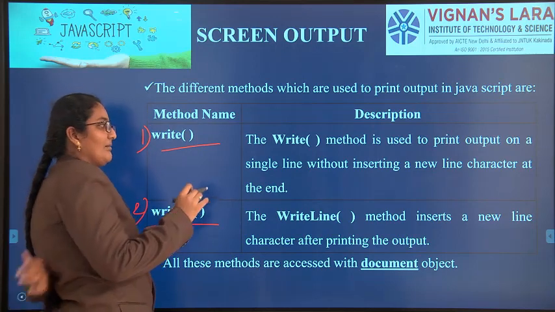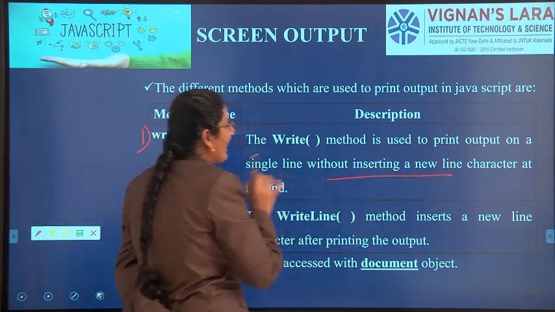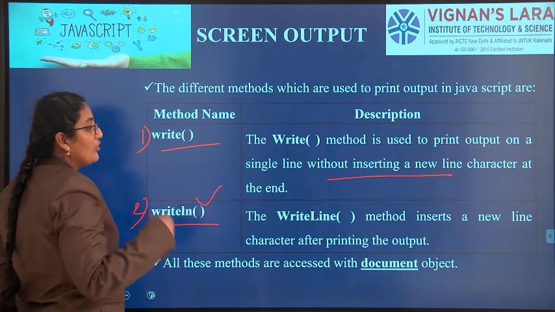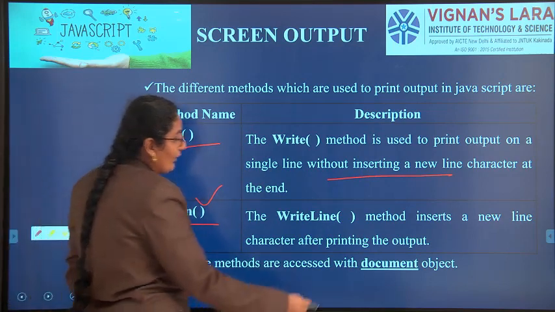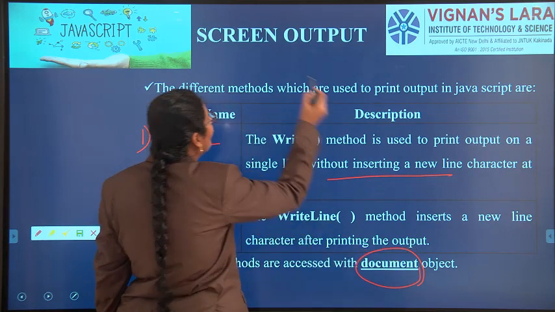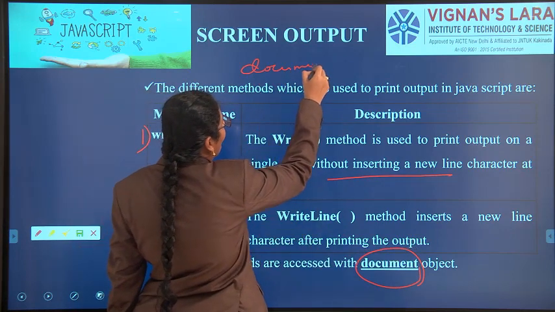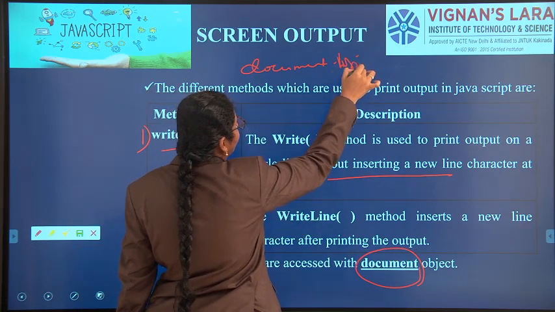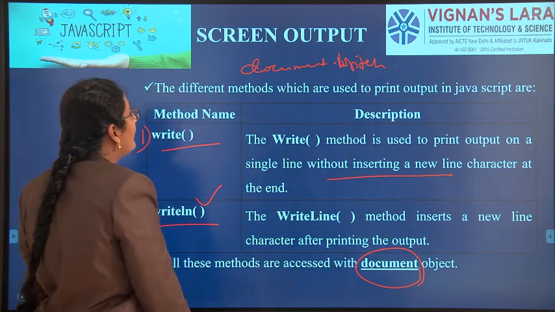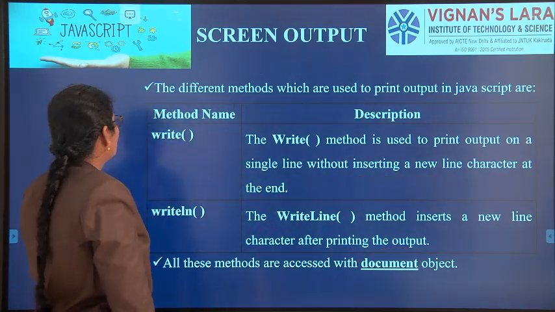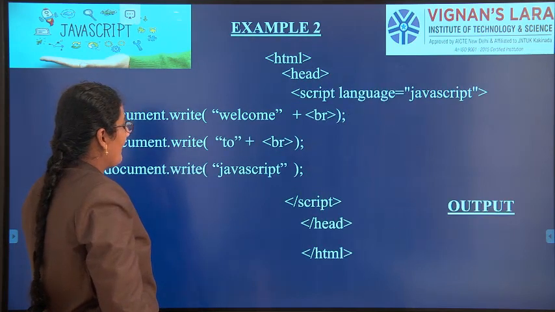Write will not insert any new line or character for the output. Writeln you can insert another line. So what is the document? Document is the object. So you have to write document dot writeln.